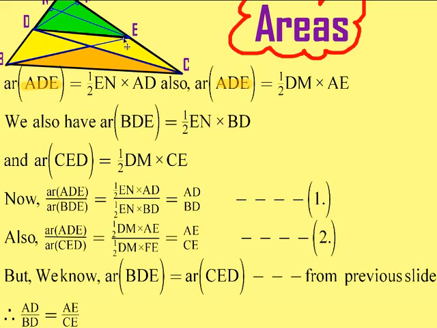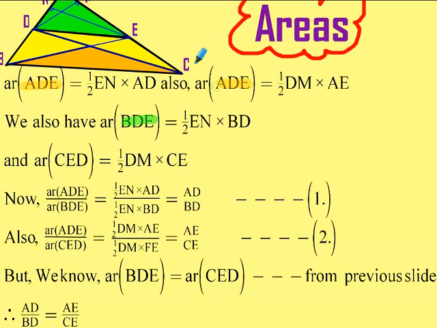We can find its area by considering its altitude, which is EN, and the area of BDE will be given by half EN into BD.